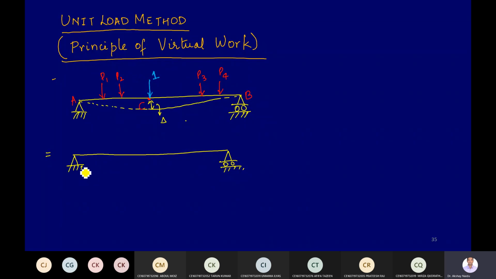So at the point we need deflection, we'll first apply the dummy load. This will give some deflection, say delta 1 or delta C. This is not important for us.